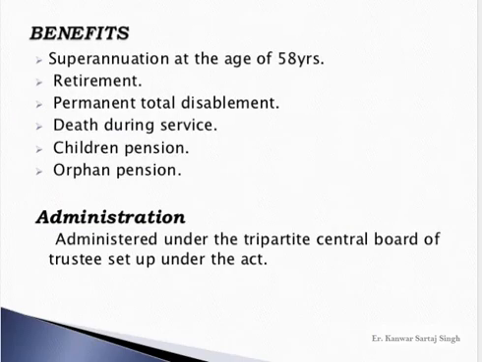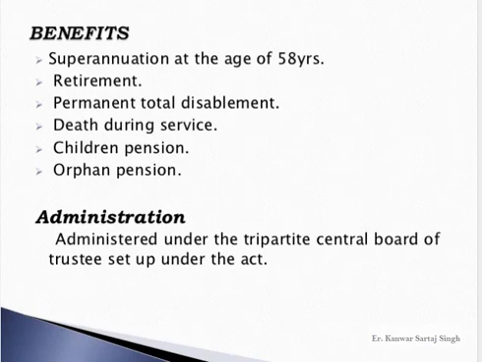Moving further, now we will study the benefits. Superannuation at the age of 58 years, retirement, permanent total disablement, death during service, children pension, orphan pension. So these are the benefits of this family pension scheme.